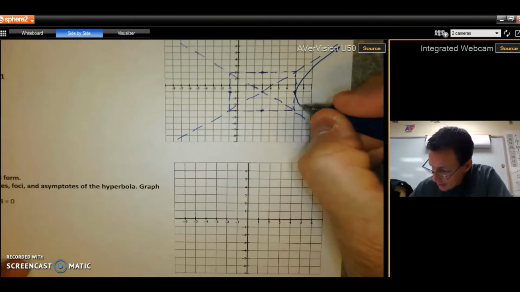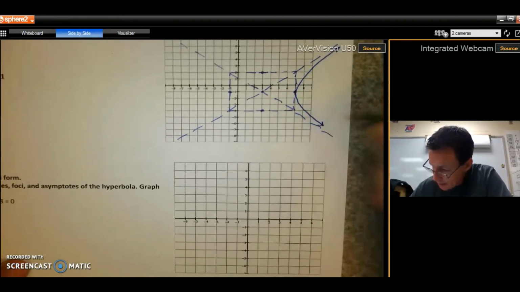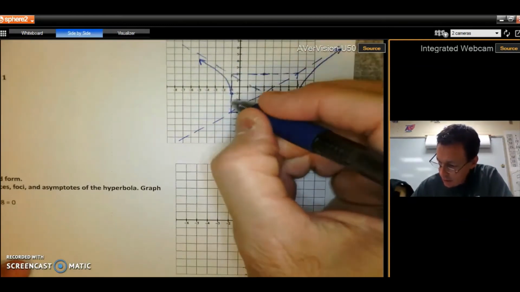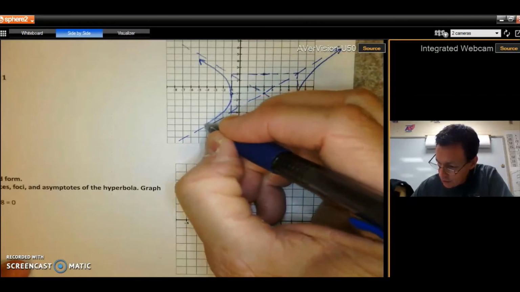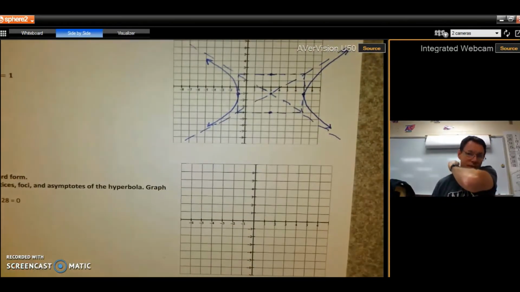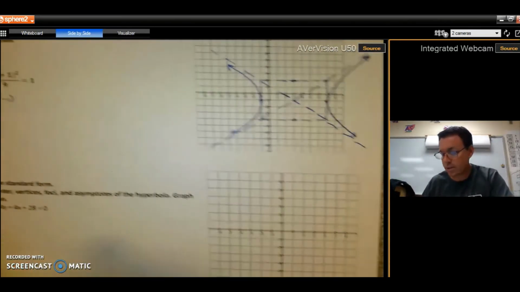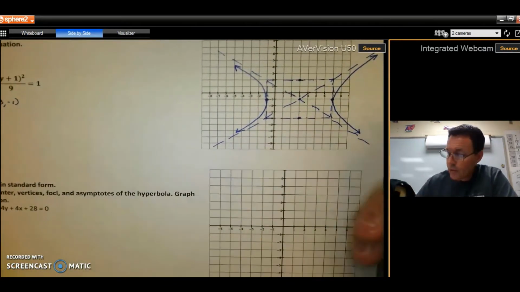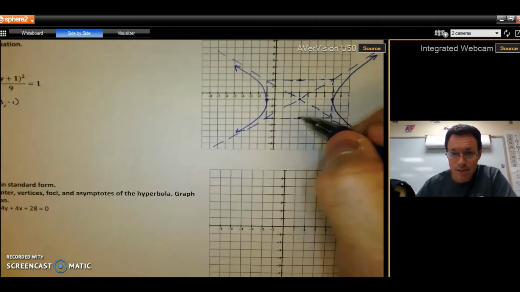It's going to curve down and keep following it that way. It's going to do the same thing over here and the same thing over here. So those two shapes consist of all the xy coordinates that would work in that equation. Okay, that's our hyperbola.